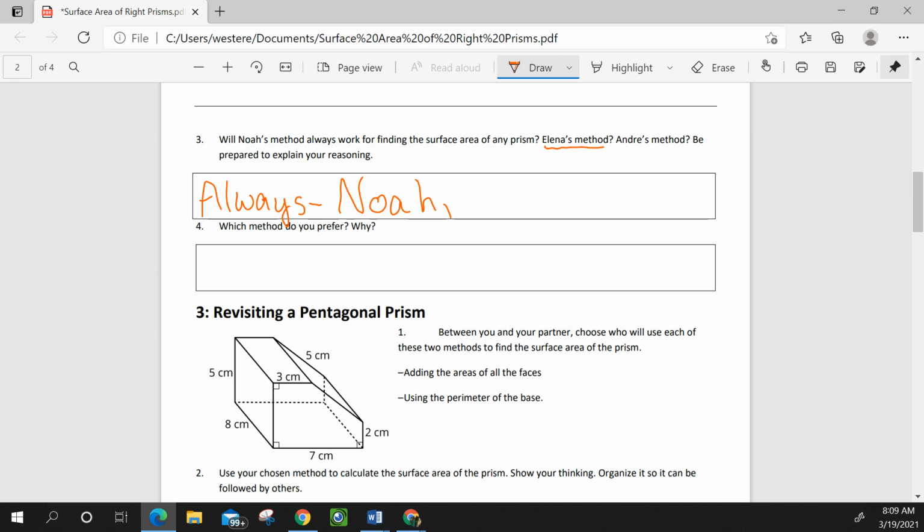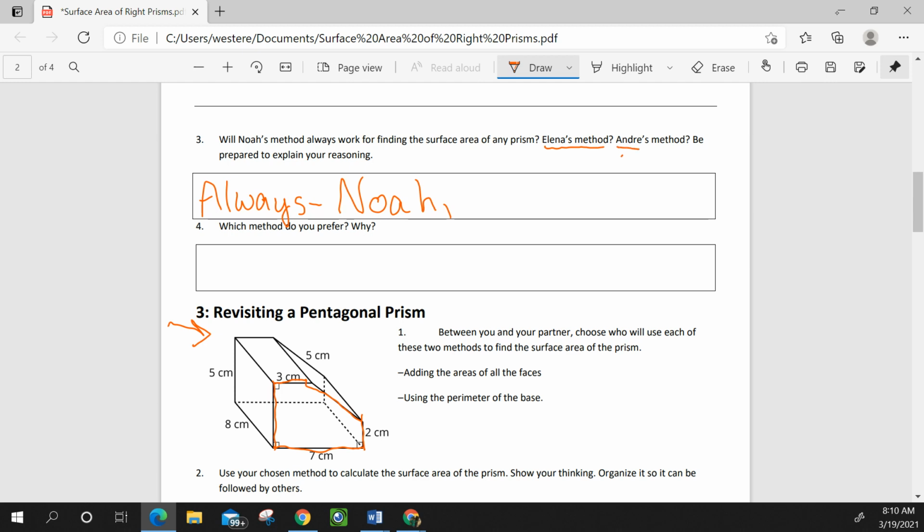Elena's method works really well there, but if I want you to look at this one right here, you will notice that these lengths are all different. So we can't actually count on a prism having the rectangles having the same length. So Elena's will not always work, just sometimes.